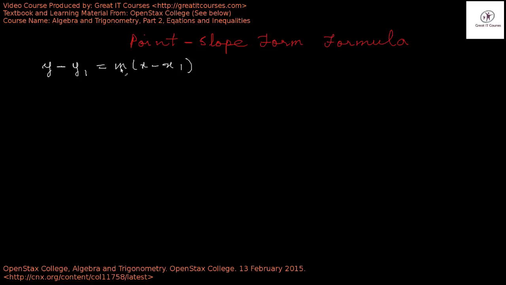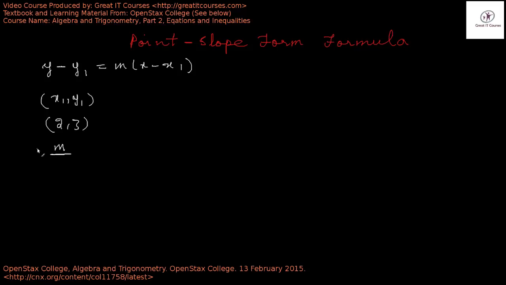That means that in this equation, y and x are any y and x on the line, and x1, y1 is just any point that you actually know on the line. For example, you know that the point (2, 3) is on the line, and m is the slope of the line.